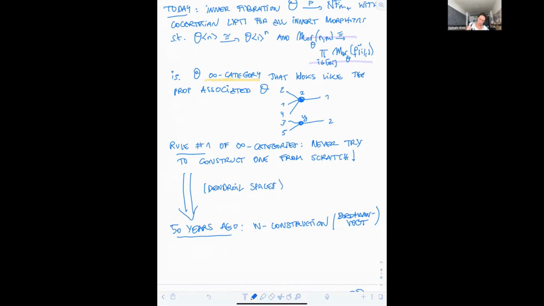I'm just going to say, if your operad P is the operad of associative algebras, then it spits out a new operad WP, and WP is exactly the operad of A infinity algebras.